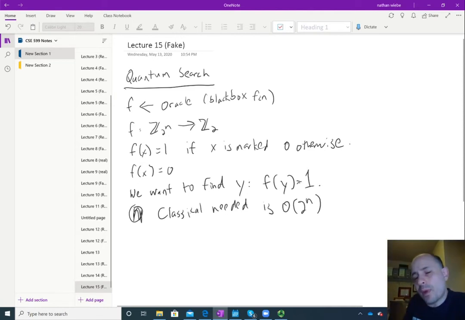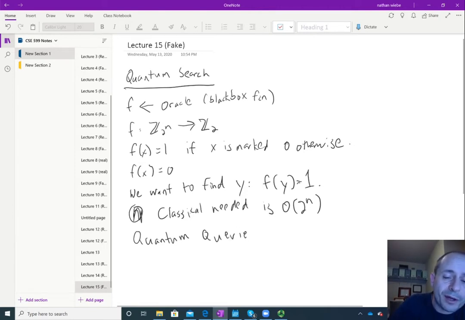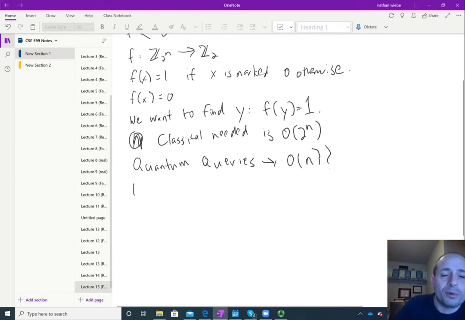And with quantum queries, the question is, how much better can we do? Can we do order n? And the answer is a resounding no to this. I'll put 3 exclamation marks to emphasize how no this is. So, why, you might ask?